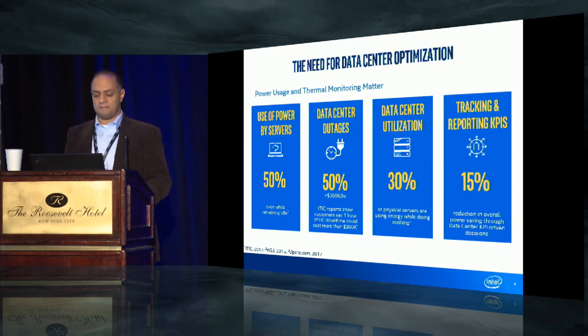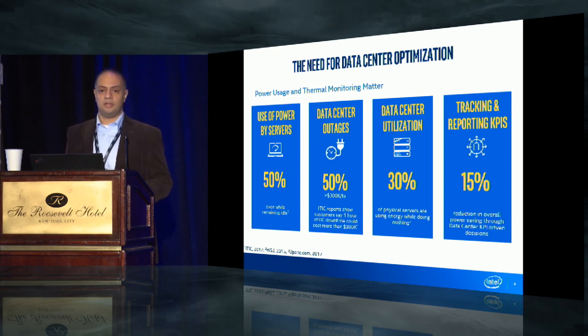So one important thing to know is that data center energy consumption accounts for almost 10% of the world's energy consumption, which is huge. And from that, 50% of that energy consumption comes from server utilization.